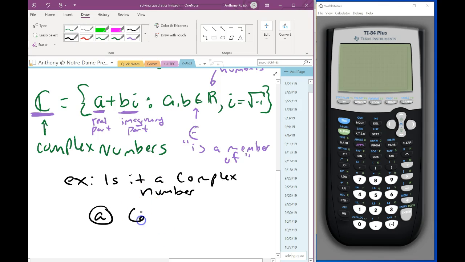So we're just going to play a little bit of a game here. I'm going to ask first, are these things complex numbers, yes or no? It is. Well, I should be able to write it in this form. Well, 6 I can write as 6 plus 0i, right?